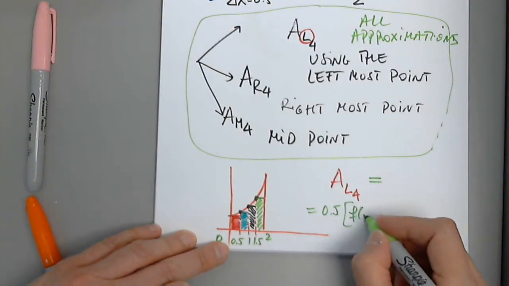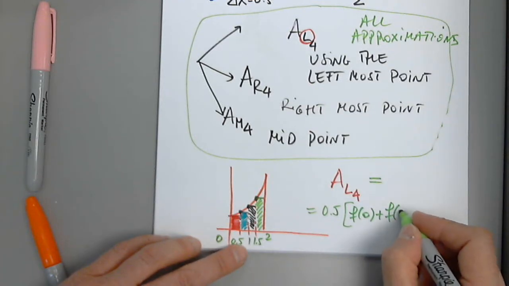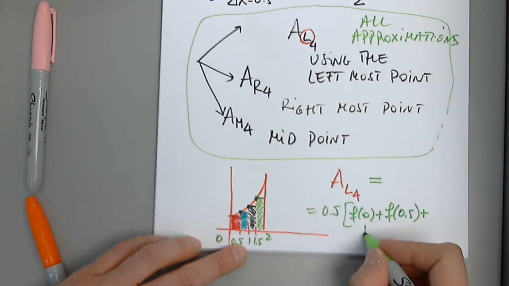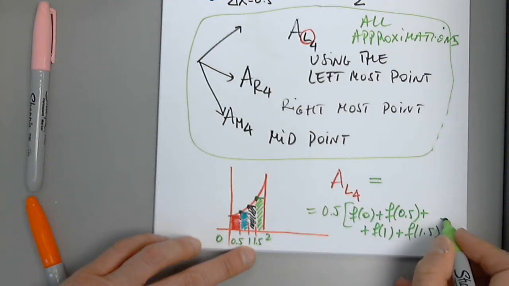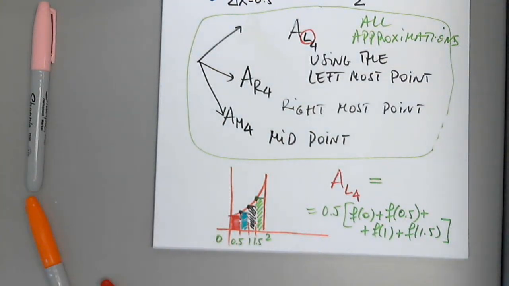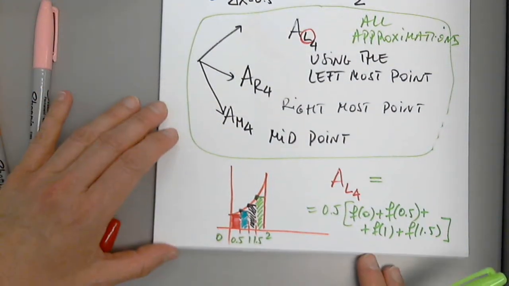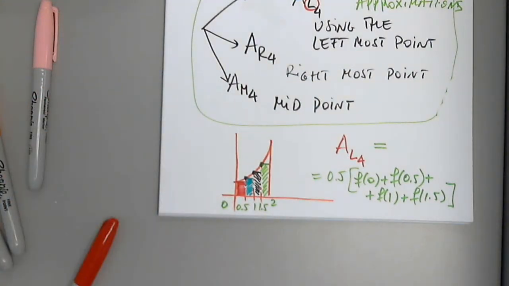The first one will be f of 0 plus the second one will be f of 0.5 plus f of 1 and plus f of 1.5. And this is the approximation of the exact area, using the leftmost point of each subinterval.